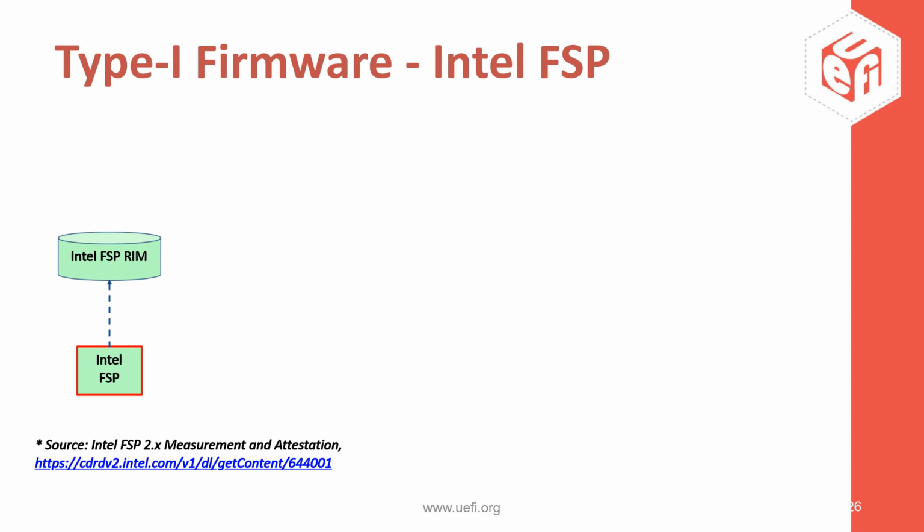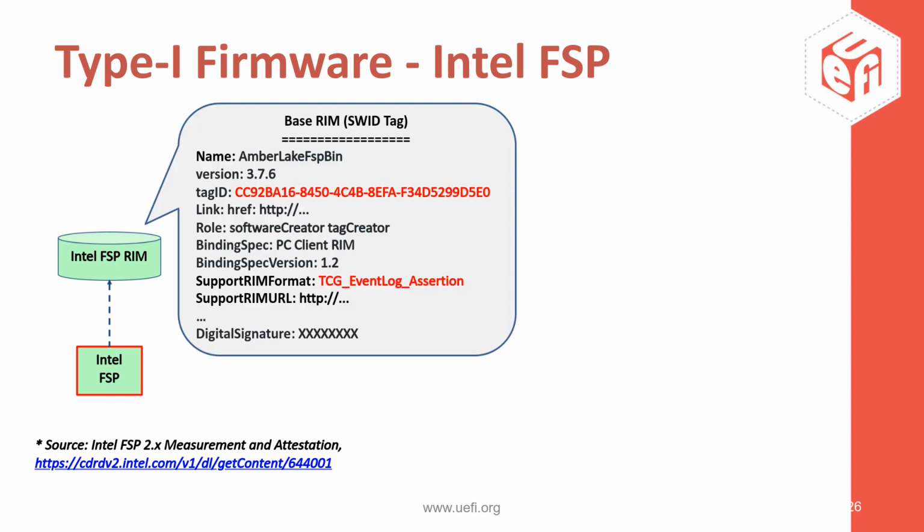And in fact, Jiwon has even created some tools referenced in that document to actually create these RIMs. And long term, we'd actually like to have them posted on the GitHub site next to the respective FSP binaries. And so what is in them? So you heard about this RIM and software ID tags.